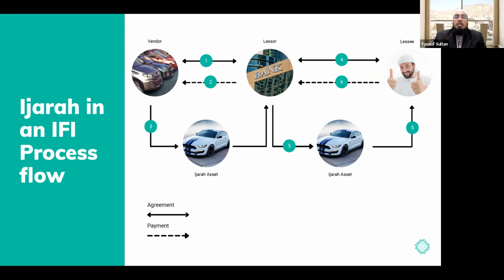There is an option then that a lessor and a lessee can sign a forward lease, an Ijara mawsufa fi zimma. So in other words, they may sign a lease agreement even before they get the asset, if the asset is not identified, but rather is specified. So mawsufa fi zimma, or future Ijara, is basically when the asset is specified by specifications.